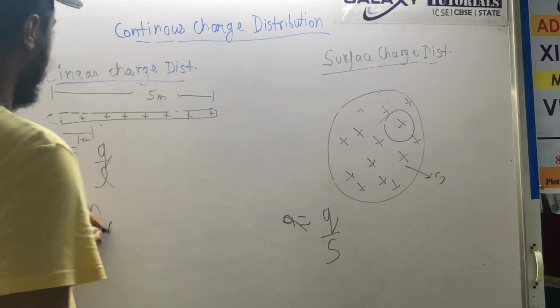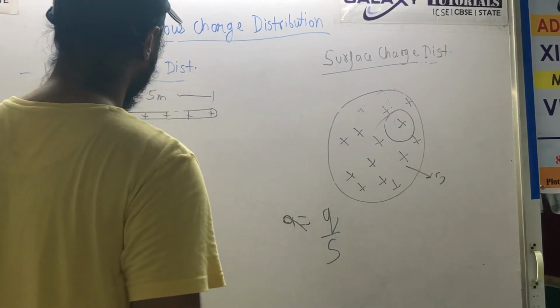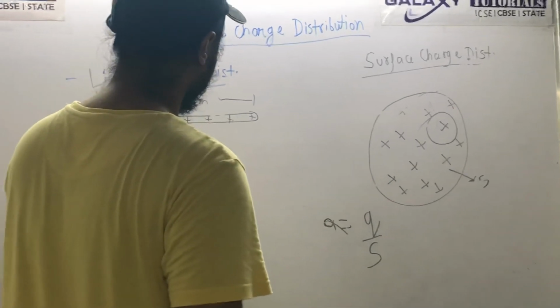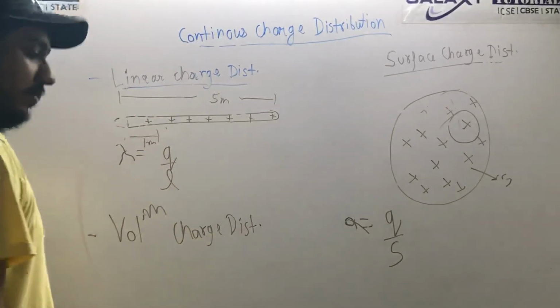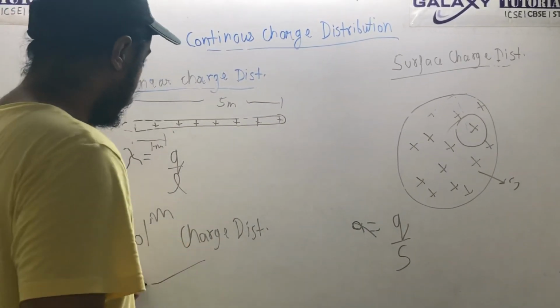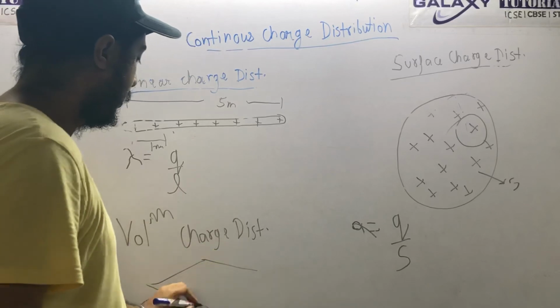And the last one is volumetric charge distribution. Now what does this mean? Say this is a cuboid.